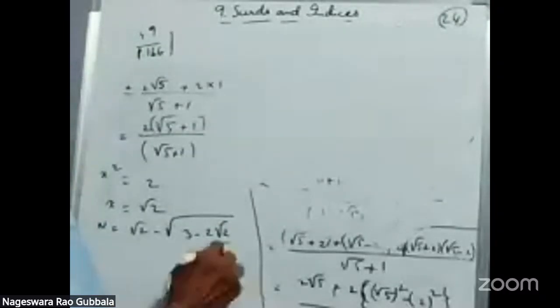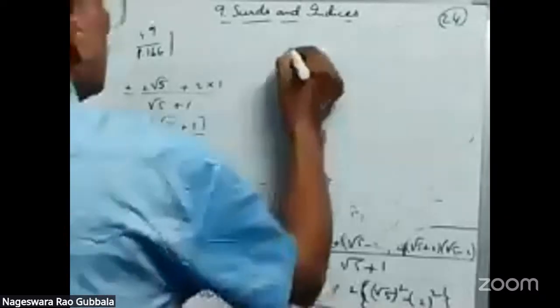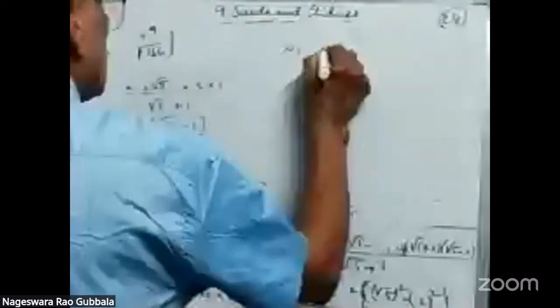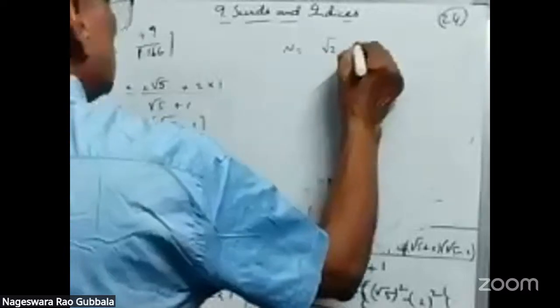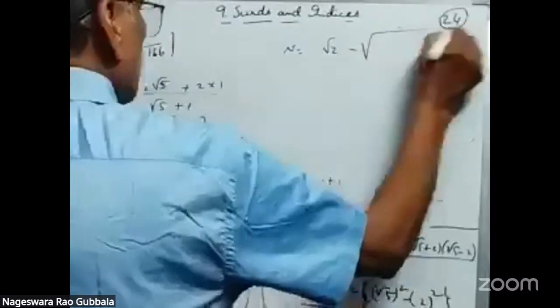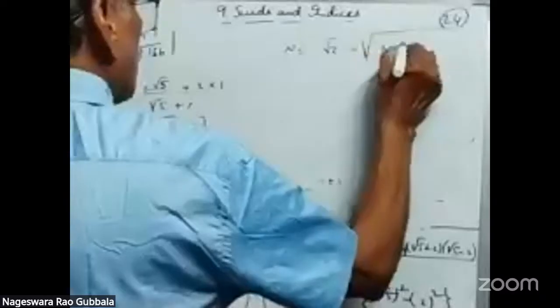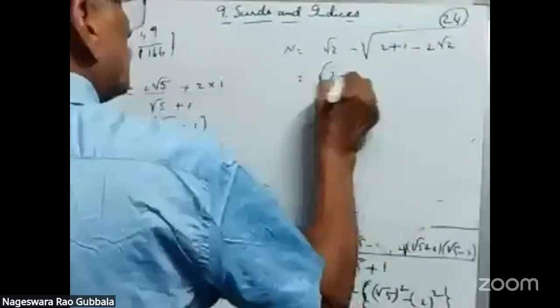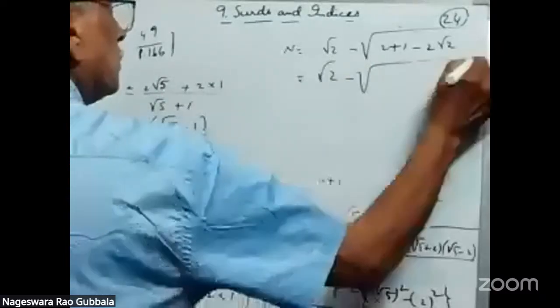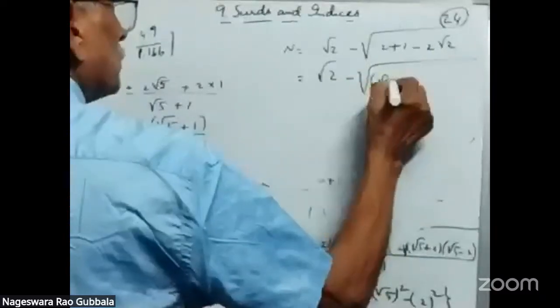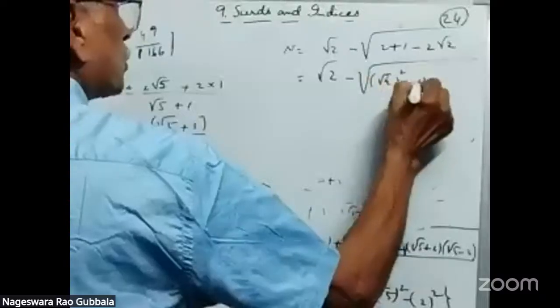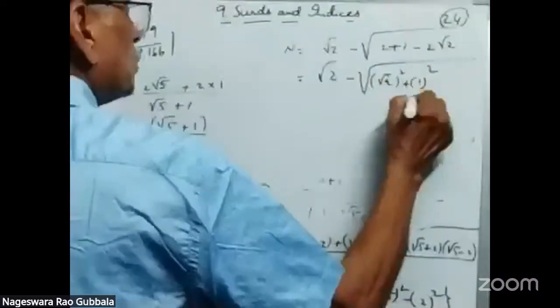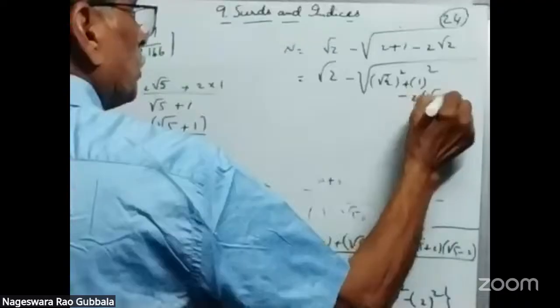So n is equal to root 2 minus square root of 2 plus 1 minus 2 root 2, root 2 minus root of root 2 square plus 1 square minus 2 into root 2 into 1.